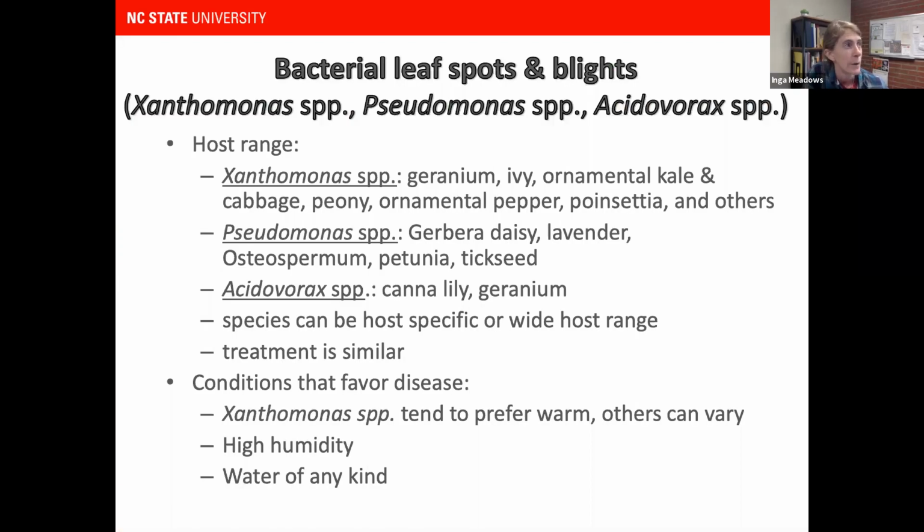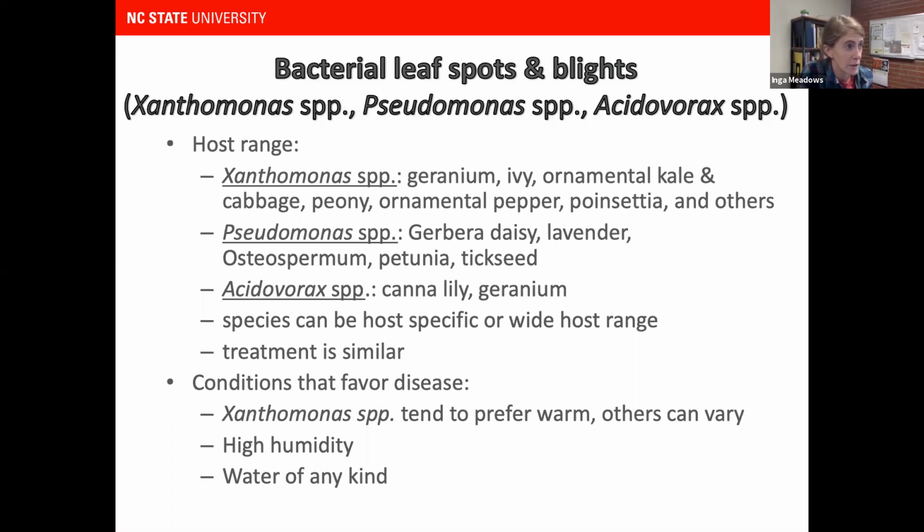Essentially, when we lump all the ornamentals together, there are so many different species of ornamentals that it's hard to single out any one crop. So I've tried to generalize here. The host range for bacteria in general is pretty big. The Xanthomonas species we generally see on geranium, ivy, ornamental kale, and I've listed a whole number of others there.